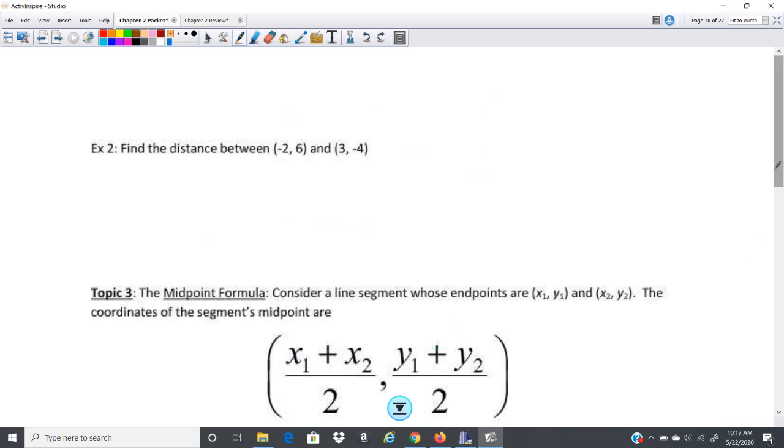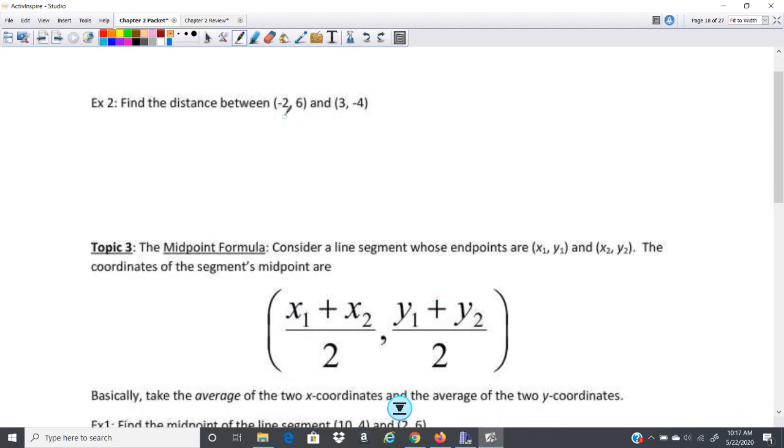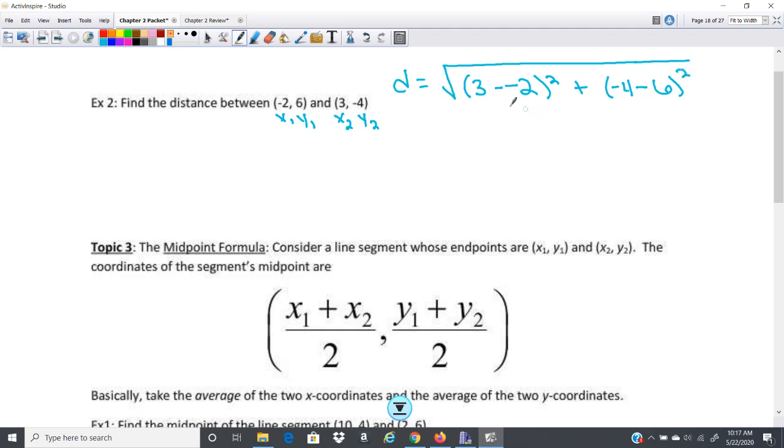So let's do another example before we go on to the midpoint formula. You have x1, y1, x2, y2. So we'll go x2, 3, minus x1, negative 2, squared, plus y2, negative 4, minus y1, 6, squared. Okay, so this double negative here is going to turn into a plus. That is going to give us 5 squared plus negative 10 squared. 5 squared is 25.